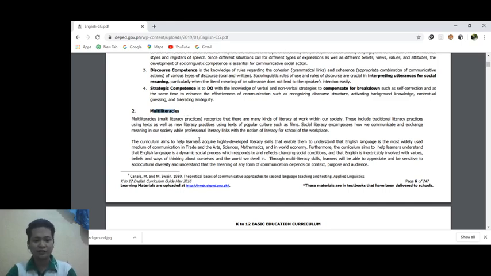So the curriculum will help the learners acquire highly developed literacy skills that enable them to understand that the English language is the most widely used medium of communication, wherever you go. This is from the previous topic, where you studied global communication and international language.